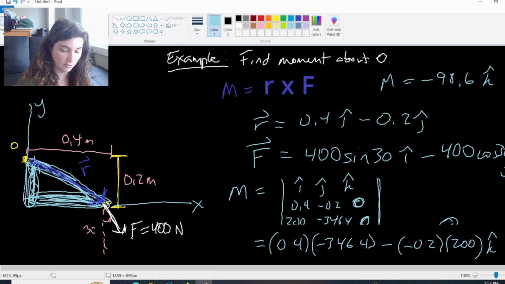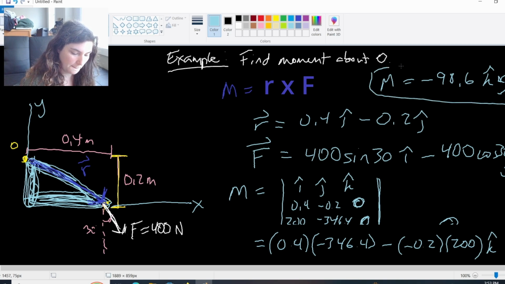So it's negative 98.6. It's pointing actually in the negative z direction, right? So that tells me if I were to write my moment, I could write it like this. Or again, I can write moment is a positive 98.6 k hat clockwise. And I'm just going to put CW.